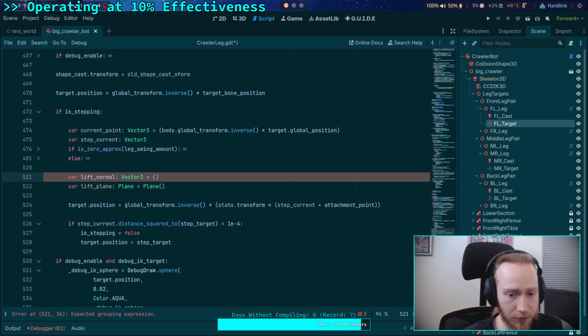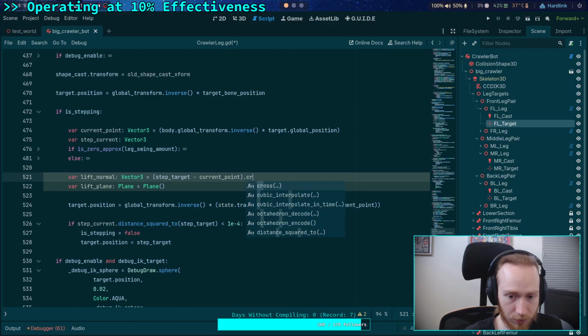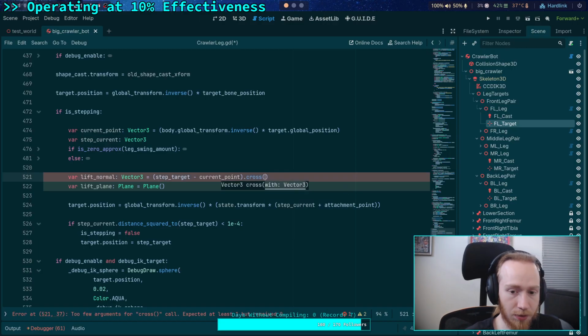It will be from step target, current point, cross, doesn't matter which one.